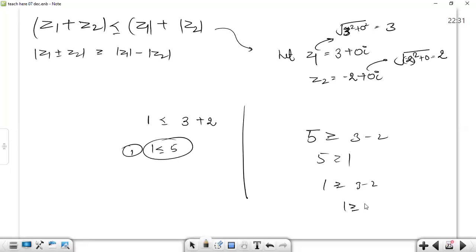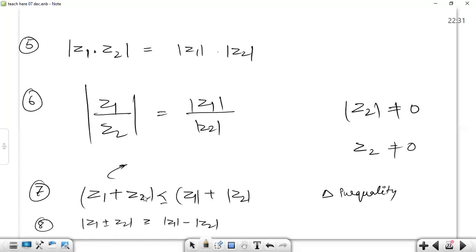So 1 is greater than or equal to 1. That is also true because equality exists here. Any doubts? No, sir. Great. So this is why it is staying true. And this is triangle inequality, where you can also consider z1 and z2 as a and b, being the two lengths of any triangle.